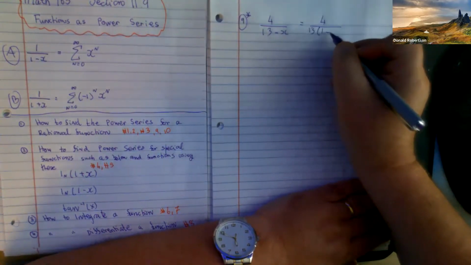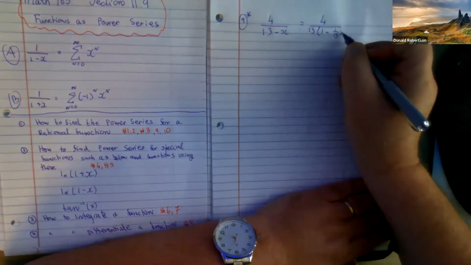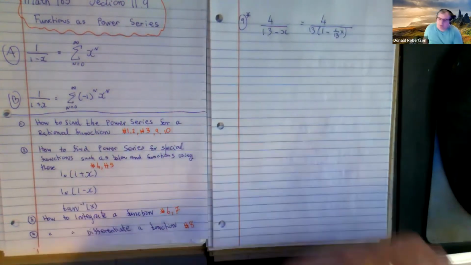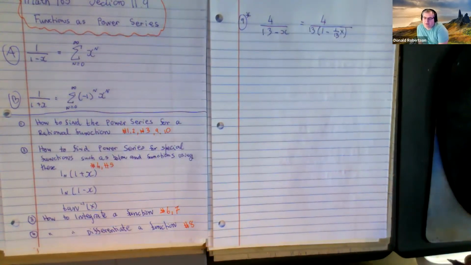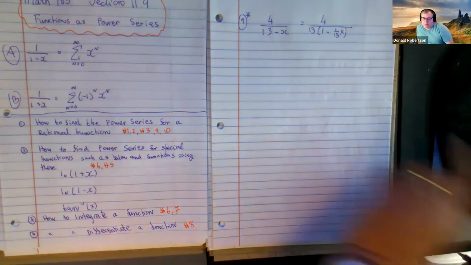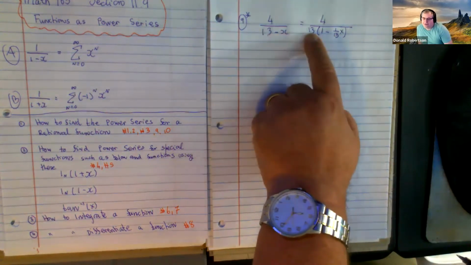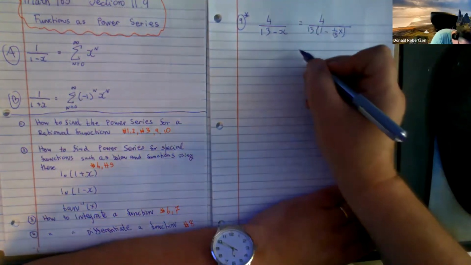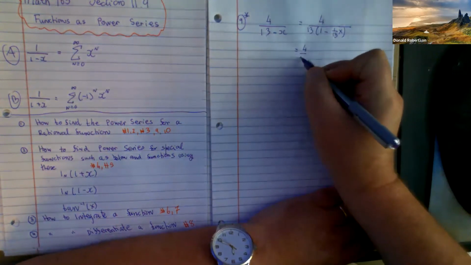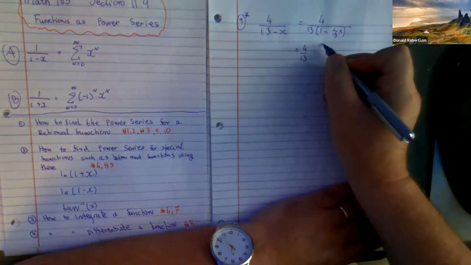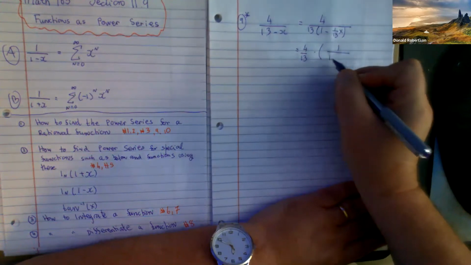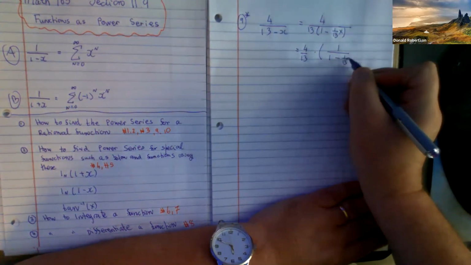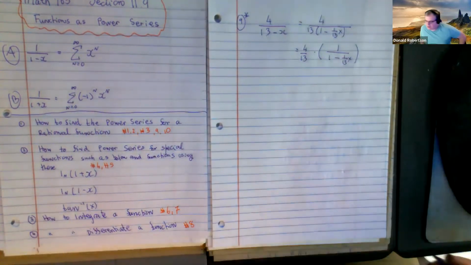Pull out 13, and now I have 1/13 x. Are we comfortable with that guy? Right. The bottom is 13, 1 minus 1/13 of x. I'm now going to split it as 4/13ths and a 1 over 1 minus 1/13 x.